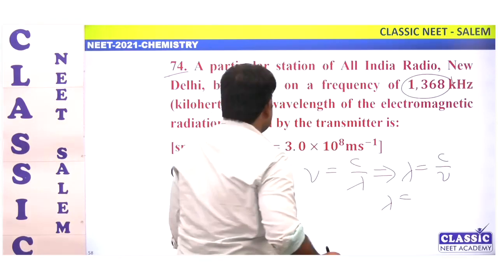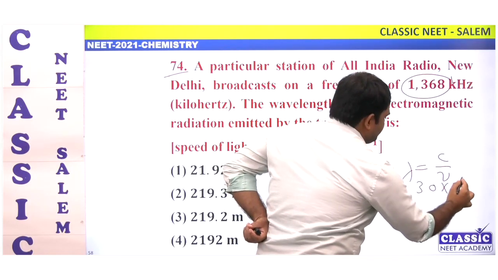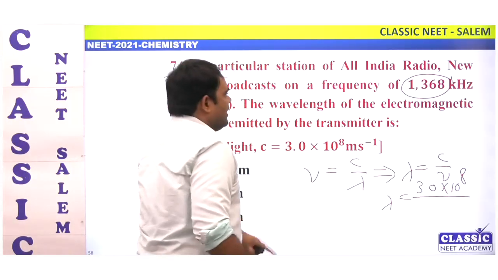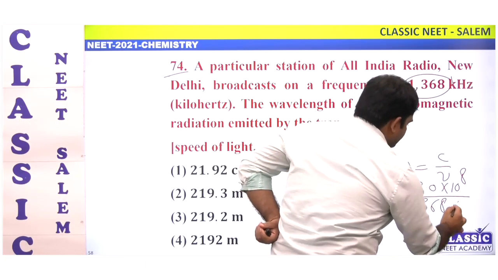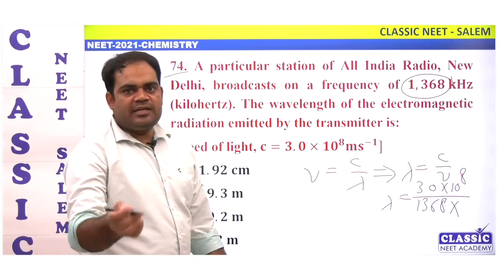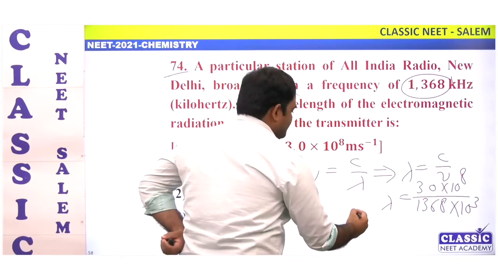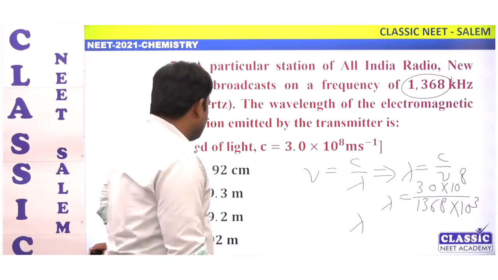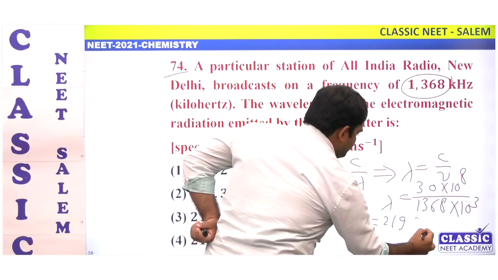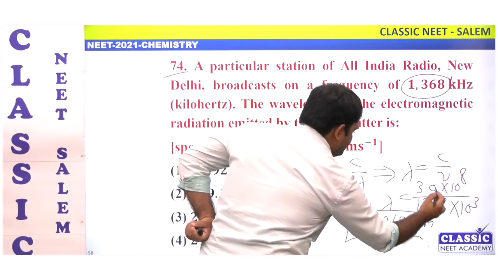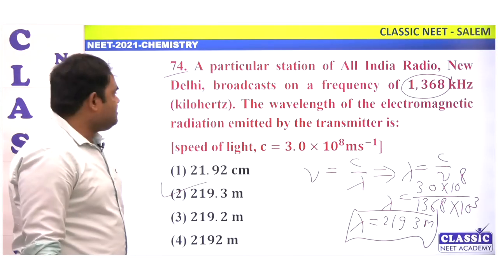The C value given here is 3.0 into 10 to power 8, and this nu value is given in kilohertz, so we can convert into hertz, 10 to power 3. After calculation, you will get the answer. So here the second is our correct answer.